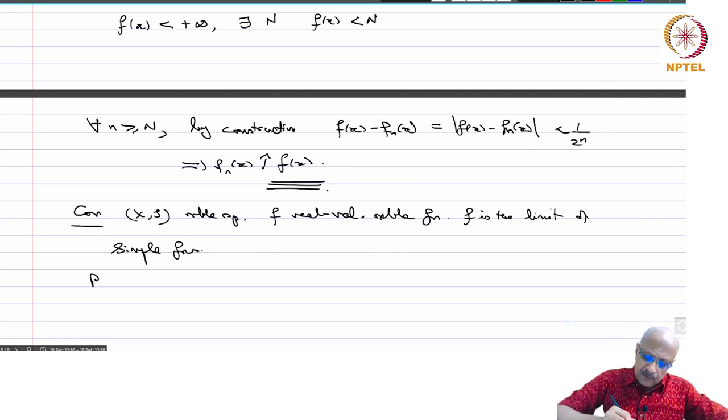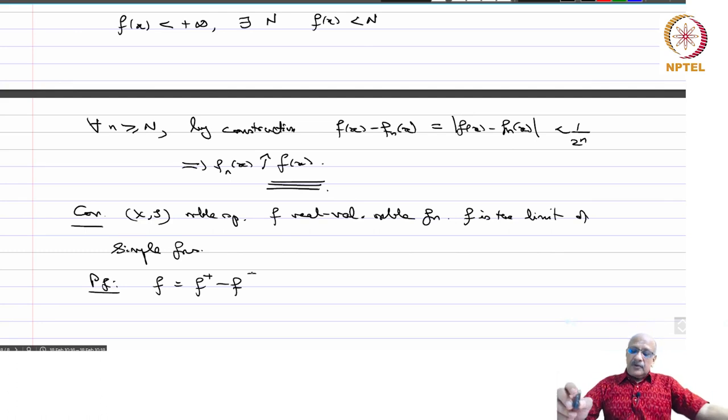So you write the proof: f equals f plus minus f minus. Because it's real valued, you don't have ambiguity in the definition. Both of these can't be infinity, and therefore this is well defined.